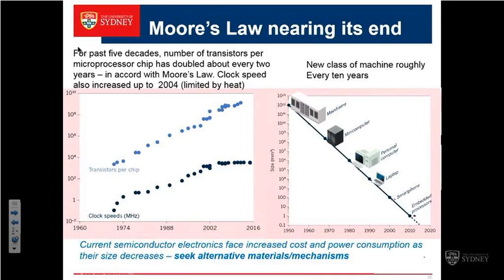What's not going up is the clock speeds. Since 2004, it's been flat. Okay, and so it's limited. The clock speed is limited mainly due to heat. So new technology is needed for increased power. We need something cheaper and faster that creates less heat.